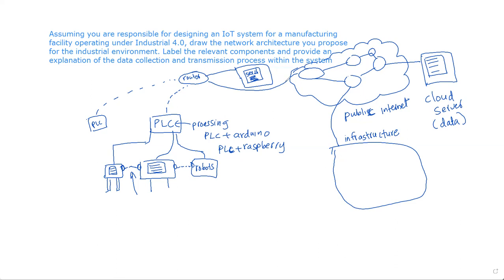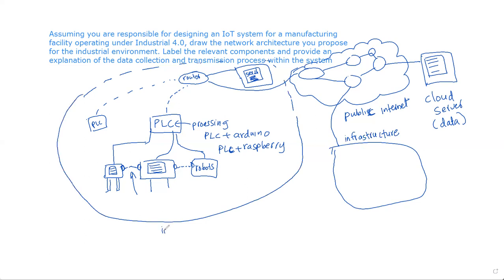So infrastructure-to-infrastructure connectivity is also possible. If we consider this as one of the industrial infrastructures, we will say infrastructure 1.